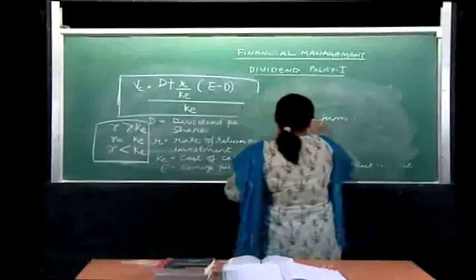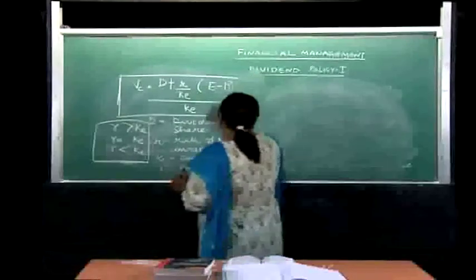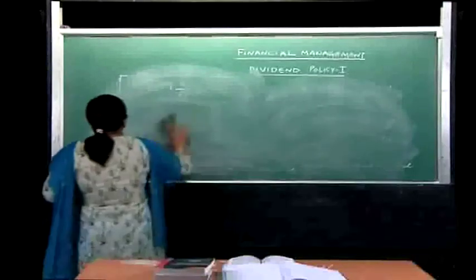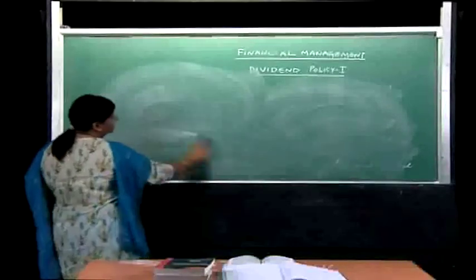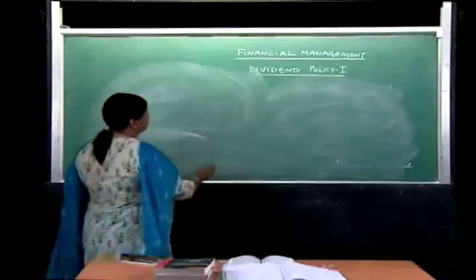We have been given the earnings as rupees 8 per share, and our cost of capital is 10%. Now we will assume three different rates of return, one higher than the cost of capital, one equal, and one lower than the cost of capital.